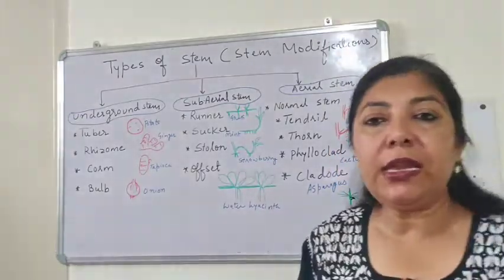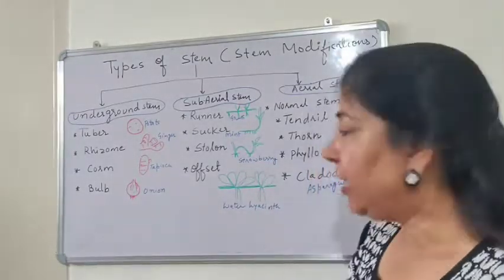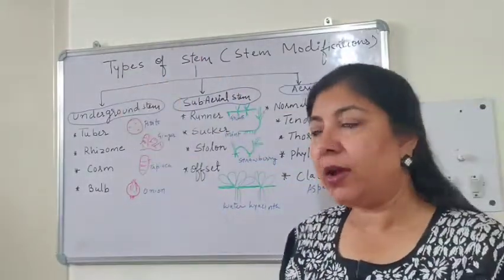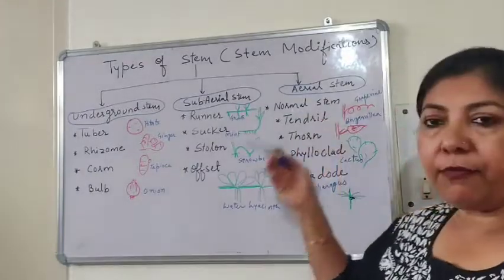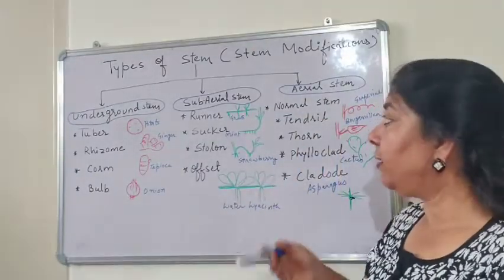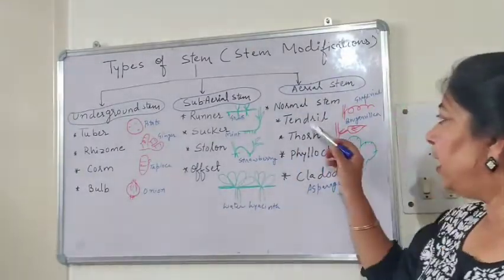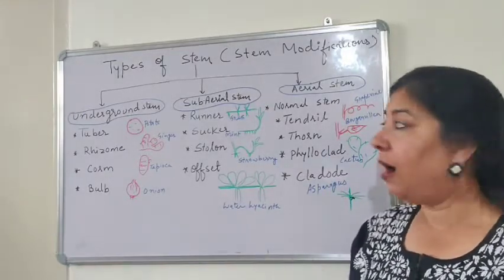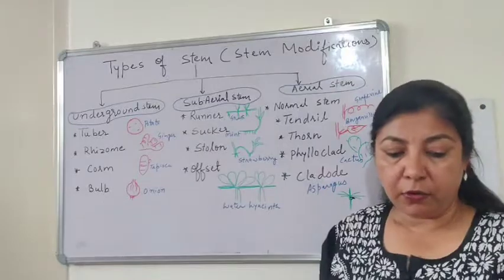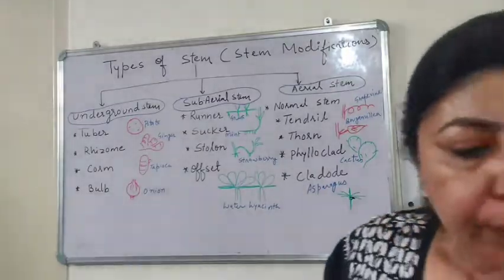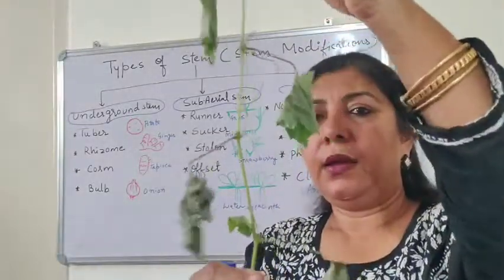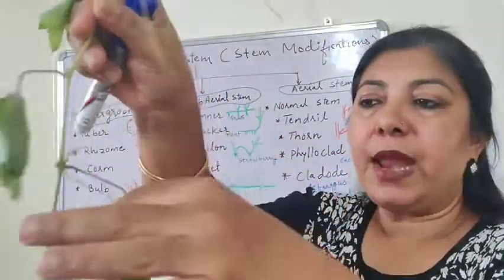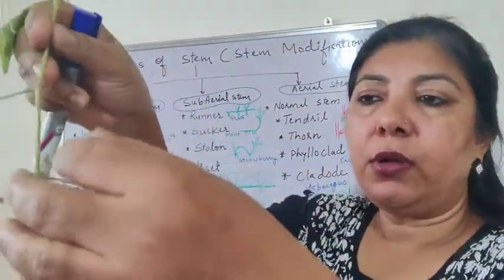Now we come to the aerial stems. Aerial stems means they are totally above the soil. So normal stem we know, but what are the other modifications? The first modification in aerial stems is tendrils. You must have seen tendrils. Here, it's a grapevine where some branches don't grow leaves.